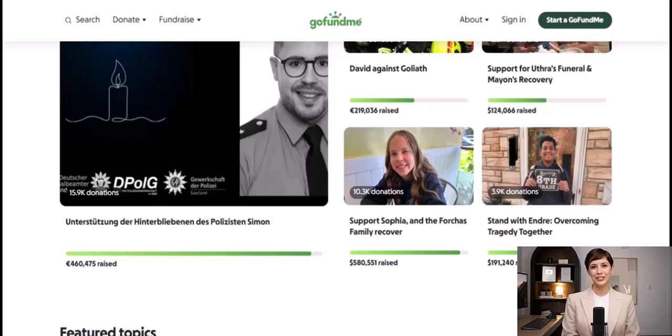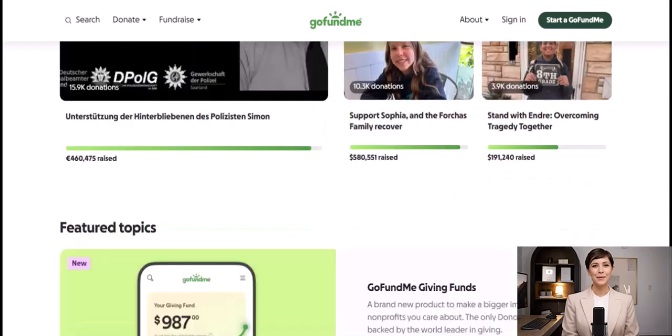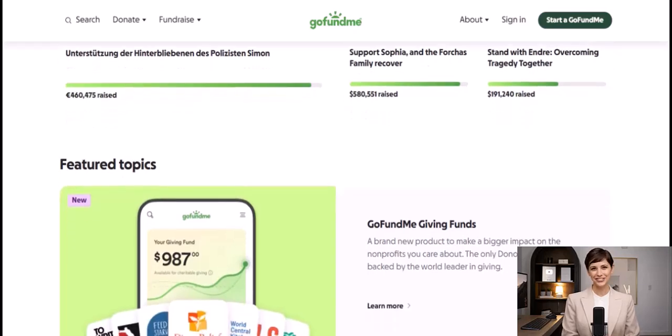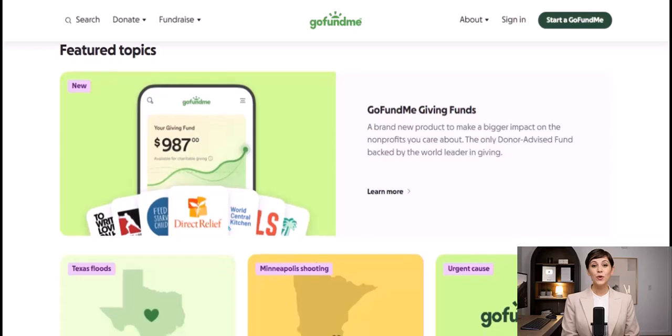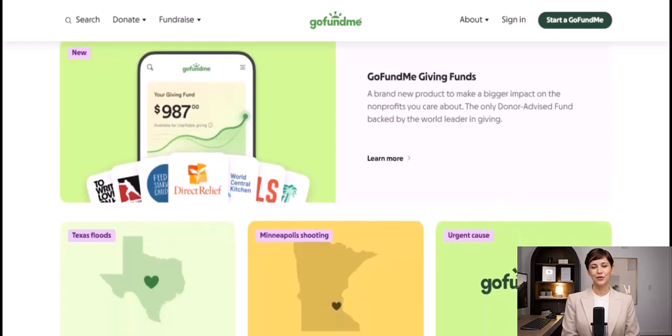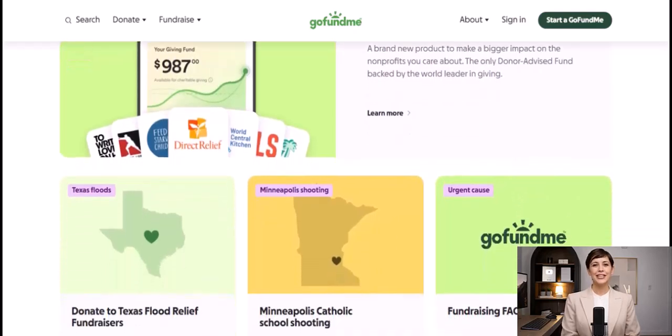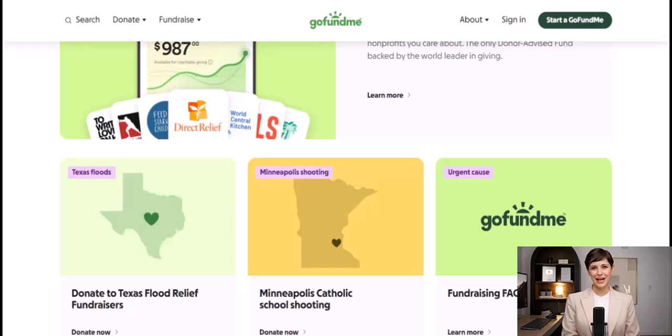Because they are considered gifts, the person receiving the funds generally does not have to pay income tax on the donations, and donors typically cannot claim a charitable tax deduction since GoFundMe is a for-profit platform rather than a registered 501(c)(3) nonprofit organization. However, tax laws can change based on the specific circumstances, the total amount raised, and local regulations, meaning organizers are often advised to consult tax professionals for large sums.